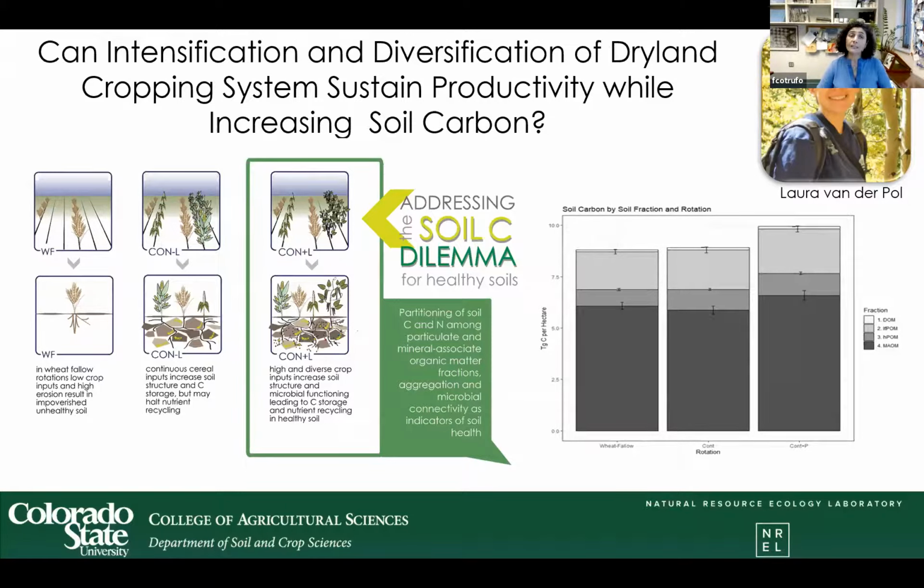And so the idea that the continuous rotation and the addition of the P in the rotation would totally transform and regenerate the soil, we're actually not that certain about it.